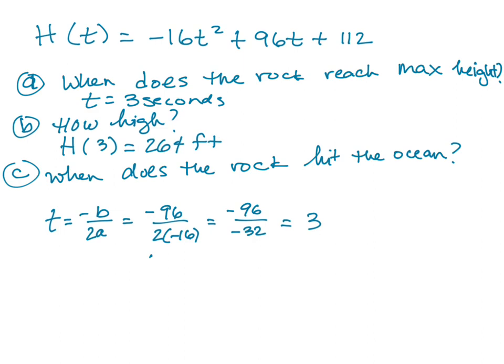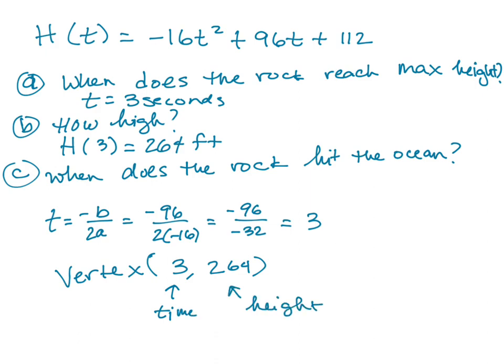So we just plugged in that 3 into our h sentence, and it outputs height. Okay, so our vertex is located at (3, 264). The 3 tells us time. The 264 tells us height. Everybody good with that?